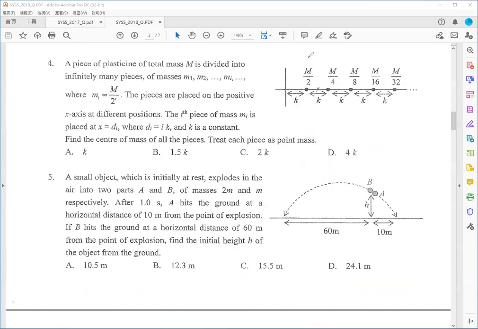I call it the infinite equal to infinite plus 1. So there are two systems that I consider. One is the red one, and the other is the blue one.